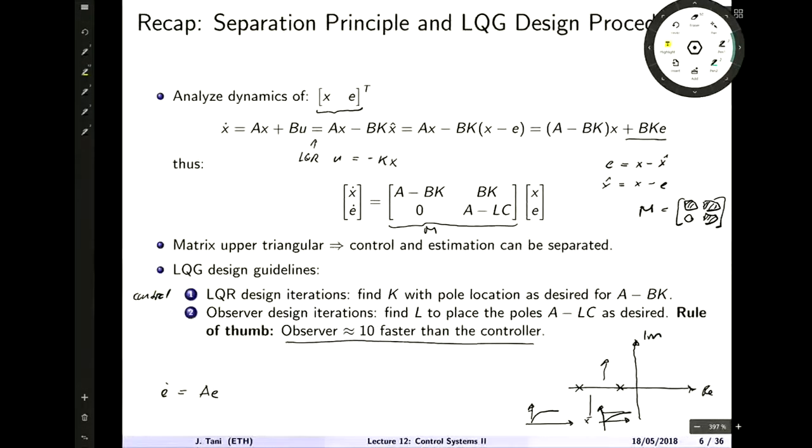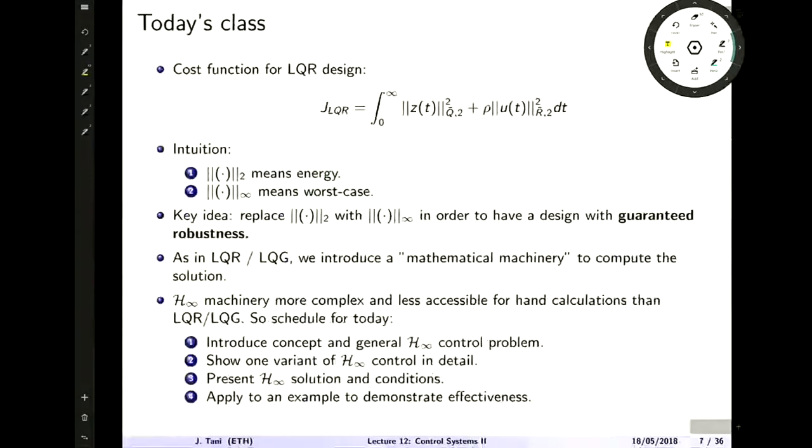No? Okay, so then we should be ready to get started with today's class, which is this H-infinity approach. And we start with a little intuition. The cost function for the LQR design has already been on the slide before.